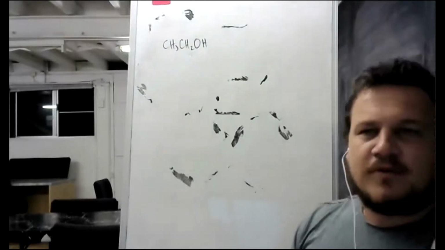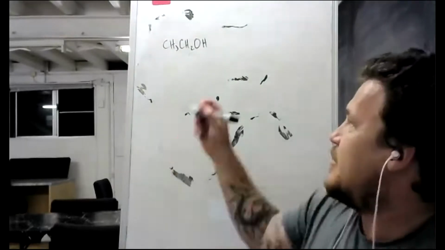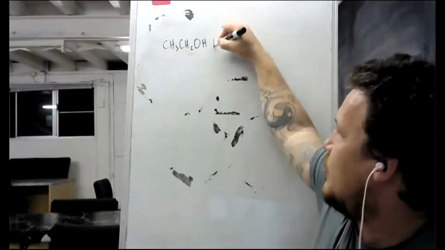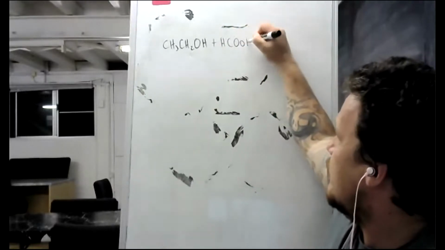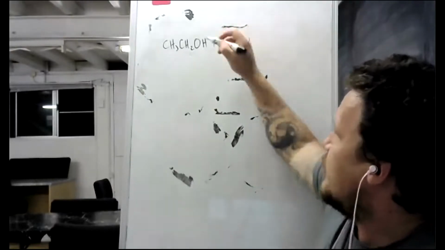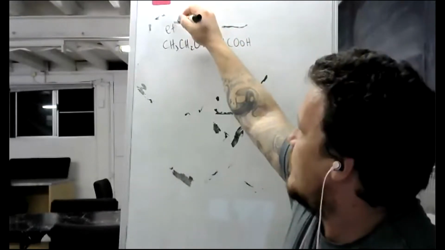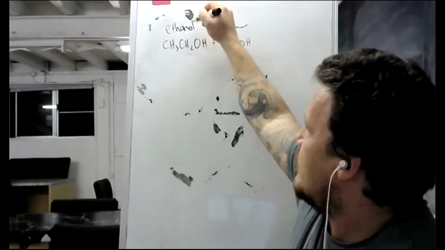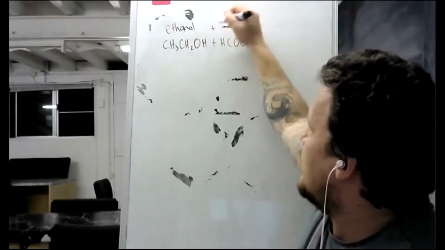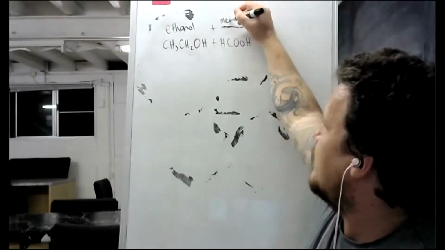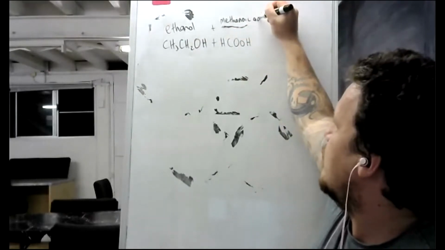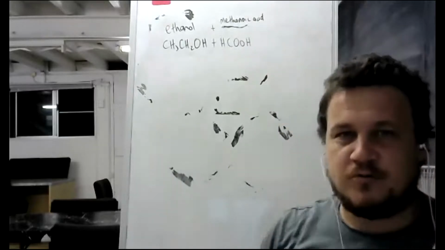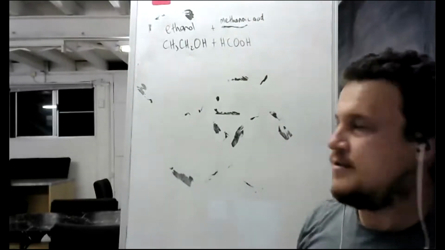what's the functional group? What do we call it? Carboxylic acid? Cool. So we have ethanol plus methanoic acid. There are two reactants.